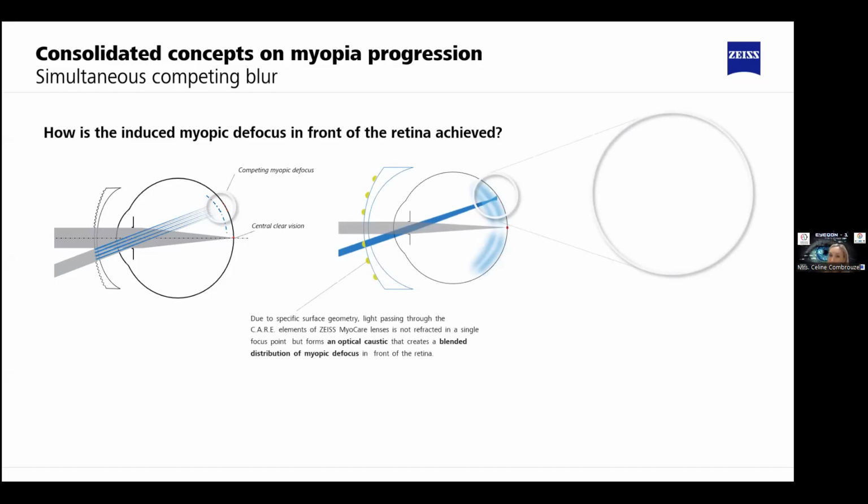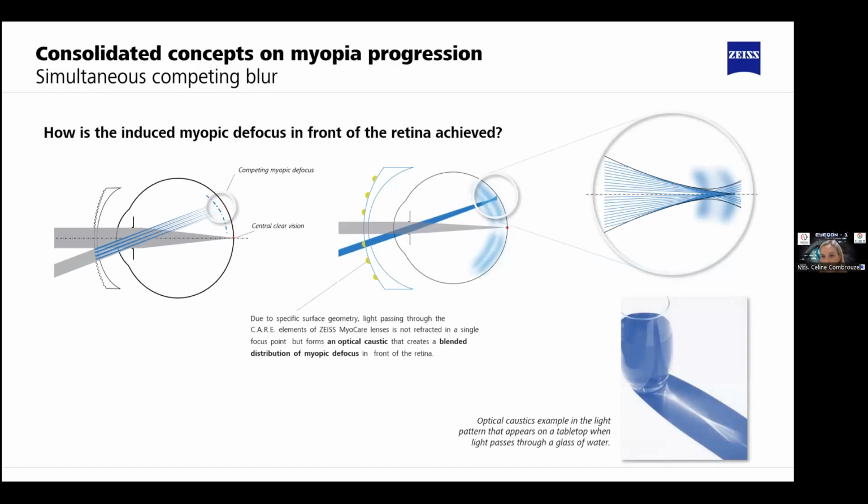So we need to create a big blur before the retina without compromising the quality of vision. What we are going to do is what we call a caustic shape. The rays are going to have a blended distribution of myopic defocus in front of the retina. It's not only a single dot. So the message and the contrast between good vision and myopic defocus will be very strong very quickly, the stop signal will be sent very quickly, and so we will have results very quickly.